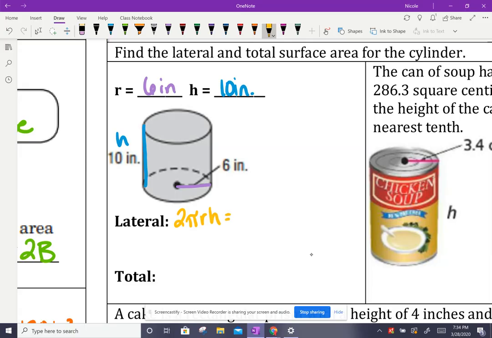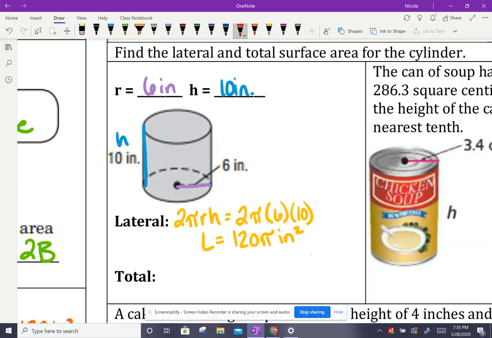Plug in the pieces we have: 2 pi, our radius is 6, our height is 10. I'm going to go ahead and leave this in terms of pi. So lateral, 2 times 6 is 12, 12 times 10 is 120, 120 pi inches squared. So when in doubt, leave it in terms of pi unless it says round to the nearest tenth.